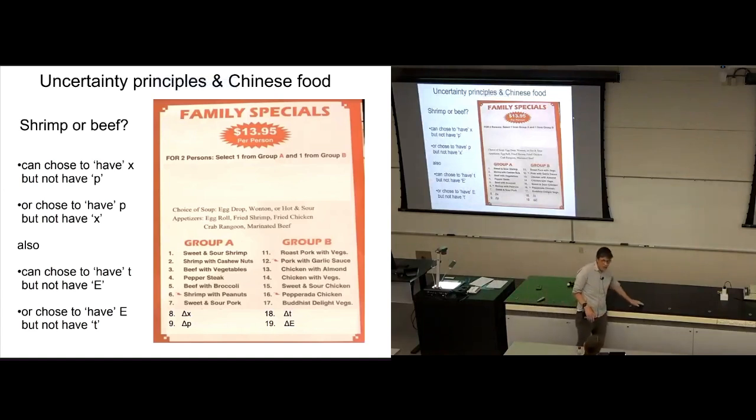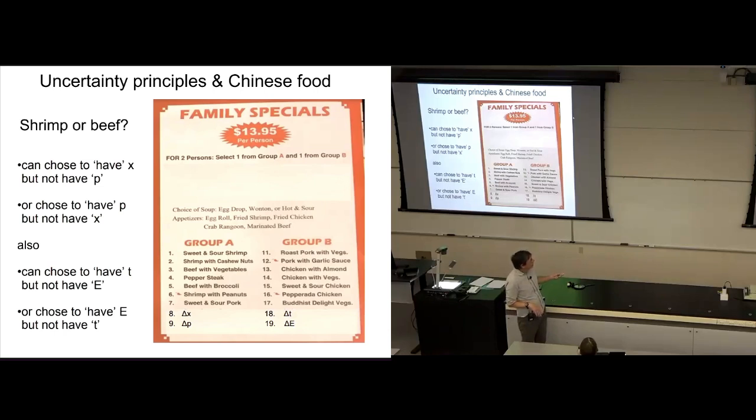Here's an analogy of this situation from a Chinese restaurant menu, right? Going to a Chinese restaurant, sometimes there's menus where there's a group of you. Let's just imagine there's me and my spouse. We're going to a Chinese restaurant and we're going to order a meal for 2.